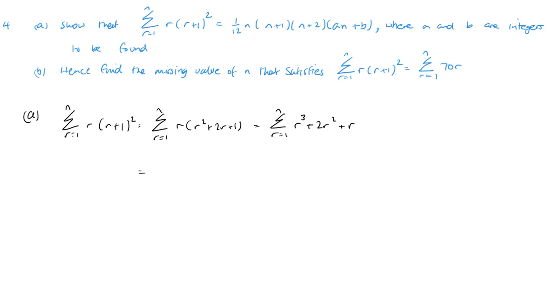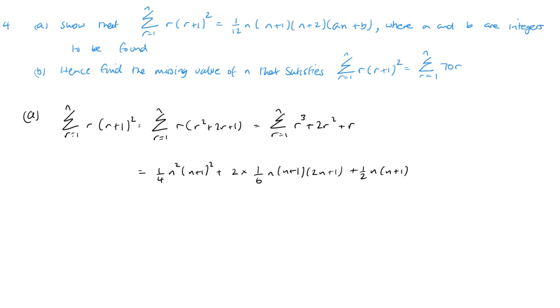Now, the sum of r cubed is 1/4 n squared n plus 1 squared, plus 2 times the sum of r squared, which is 2 times 1/6 n plus 1, 2n plus 1, and the sum of r is half n plus 1. So now we've just got to expand and simplify, really.